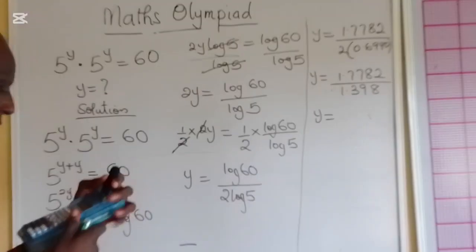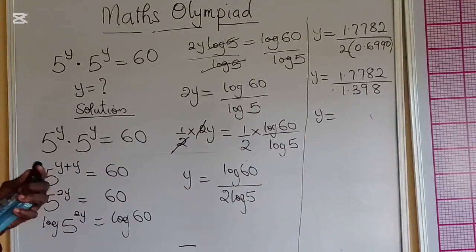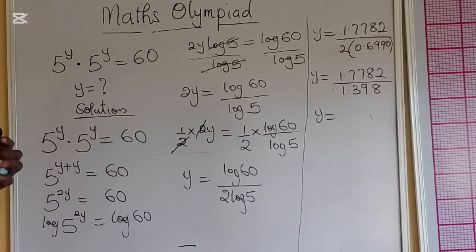So let us divide. What is now 1.7782 divided by 1.398?